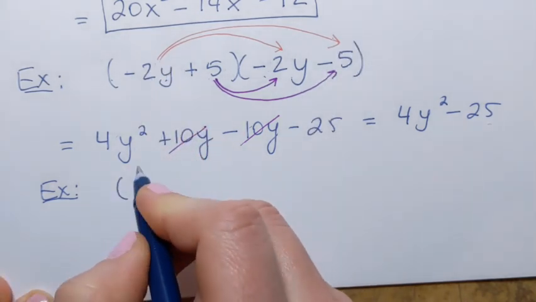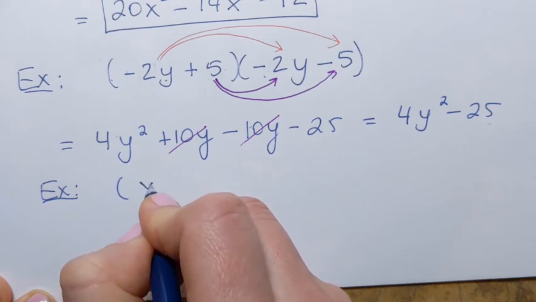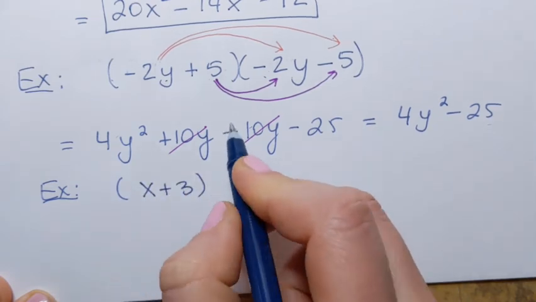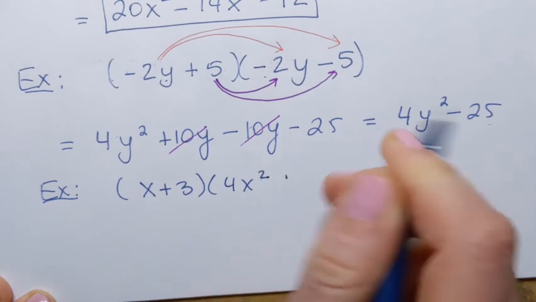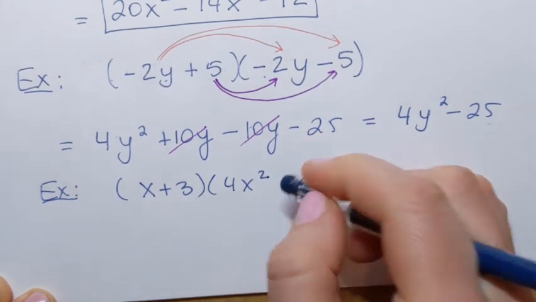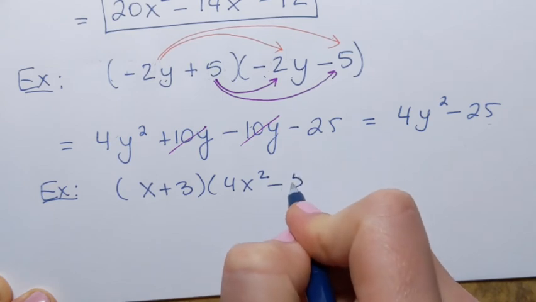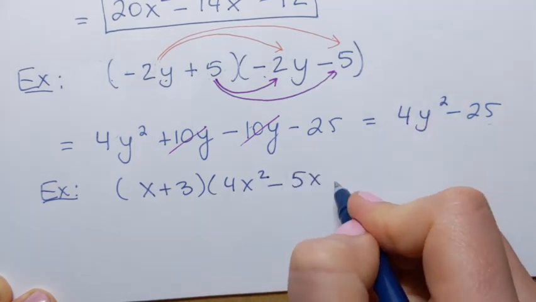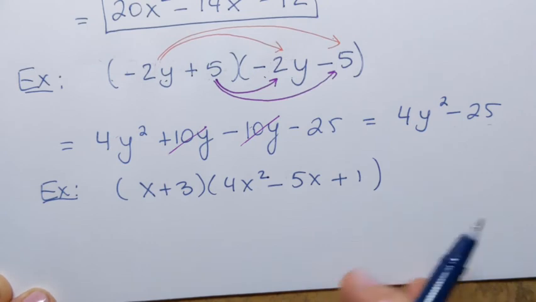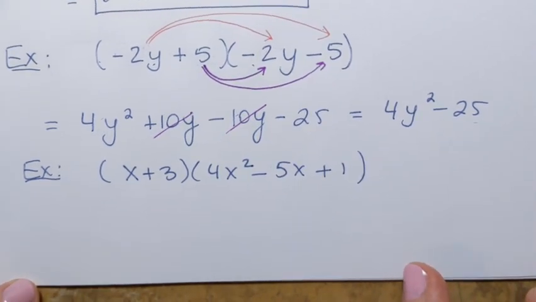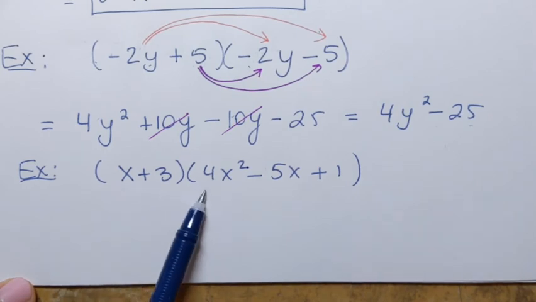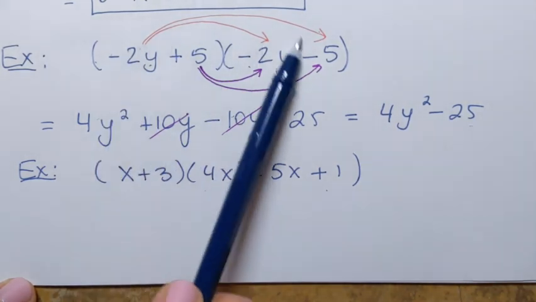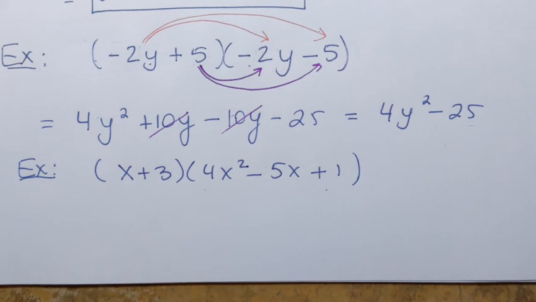So we're going to do x plus 3 times 4x squared minus 5x plus 1. So this time I am multiplying a binomial by a trinomial.